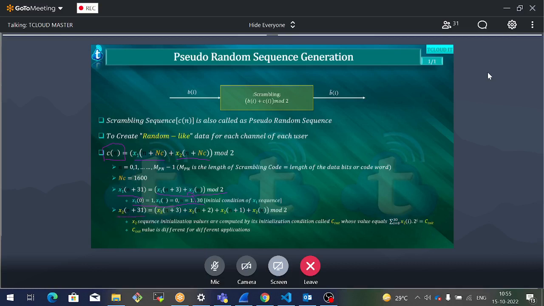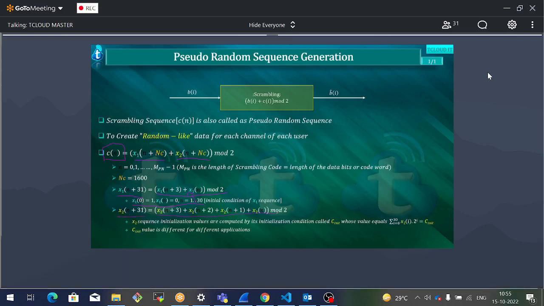If you want to find x2, the x2 equation is dependent on this. But for x2, the first 31 values are going to be dependent on the C init value. I explained in the previous class that the C init value is different for different applications. Application here typically represents a channel.